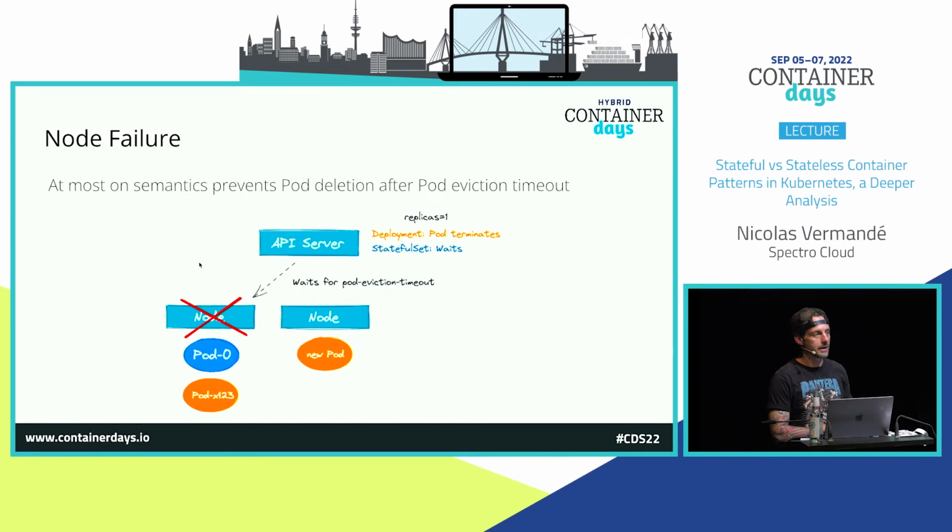StatefulSet is not the case. It will wait forever until something happens. So the controller manager will send a message to the API server, hey, pod eviction timeout is over for this pod, but the API server won't do anything.